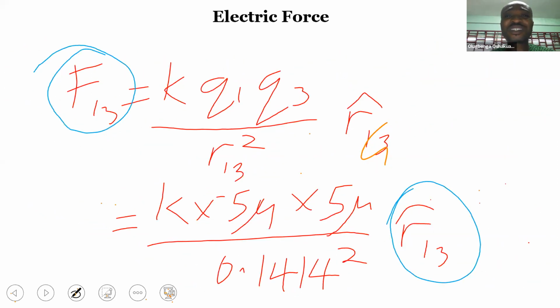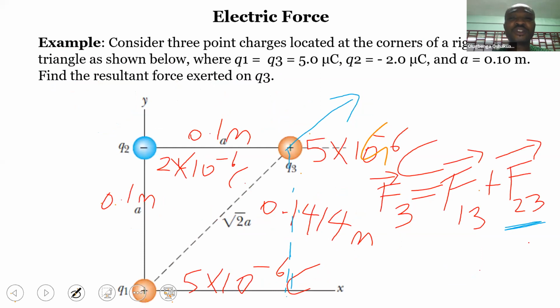The question did not say what is the force of Q1 acting on Q3 or Q2 acting on Q3. It's saying what is the force that is acting on Q3.